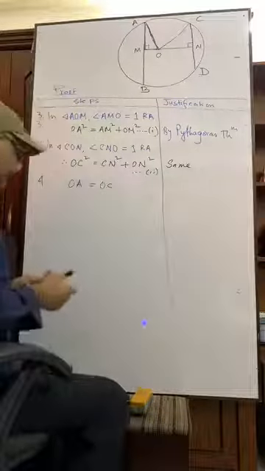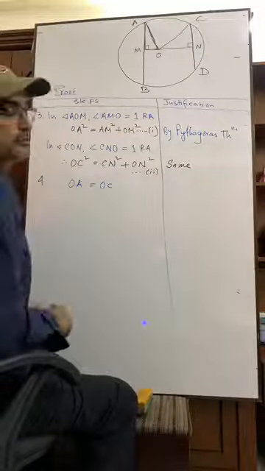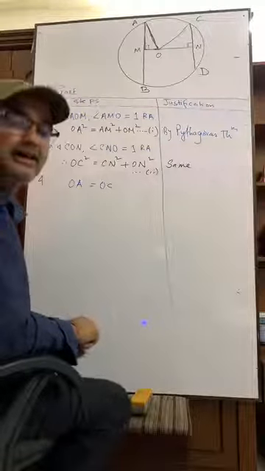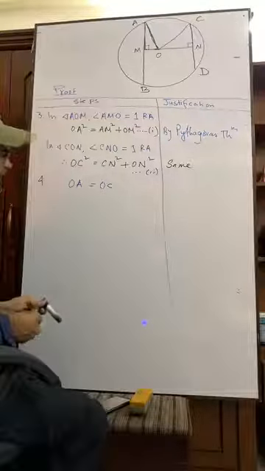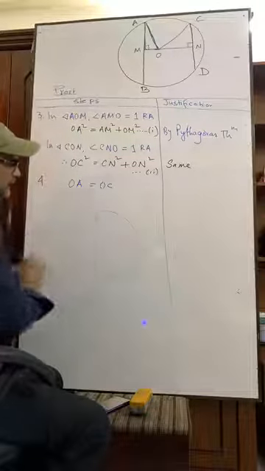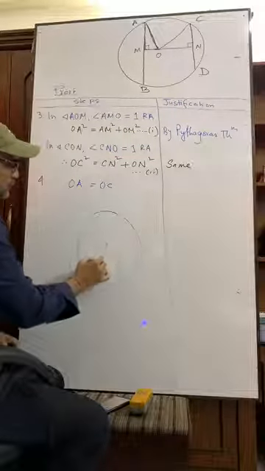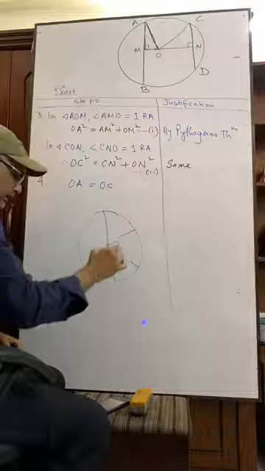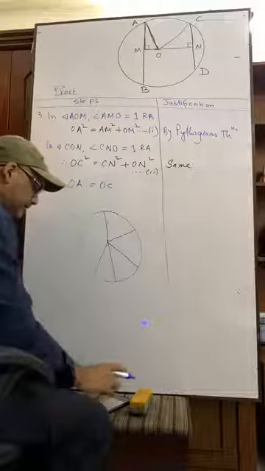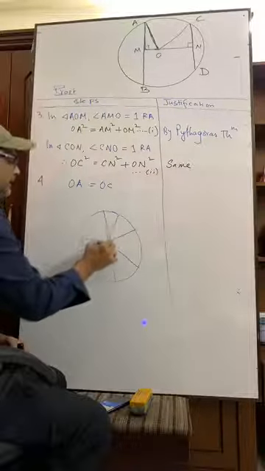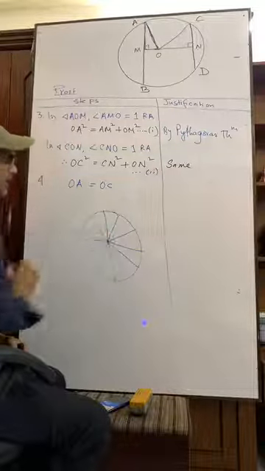They are equal because we know all the radii of the same circle are equal. What is meant by this? Suppose we have drawn a circle, we can draw too many radii here, and all the radii are equal.